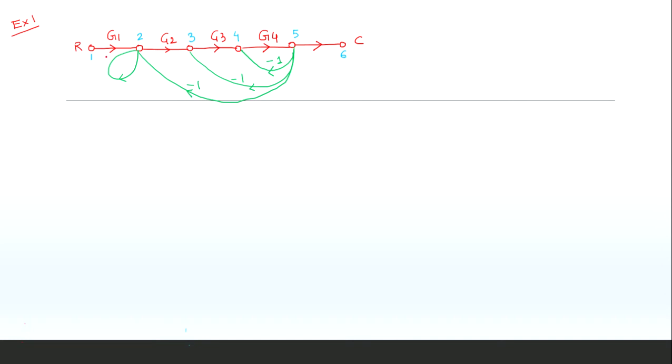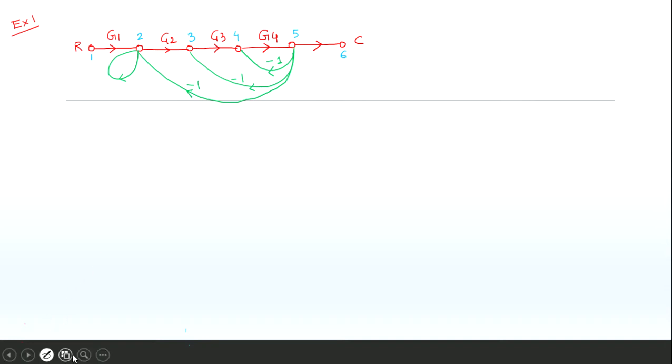In this particular example, we have a feed-forward path going from R to C. And there are nodes. How many nodes? From input side to output side, 6 nodes are present. We know what the feed-forward path is here.